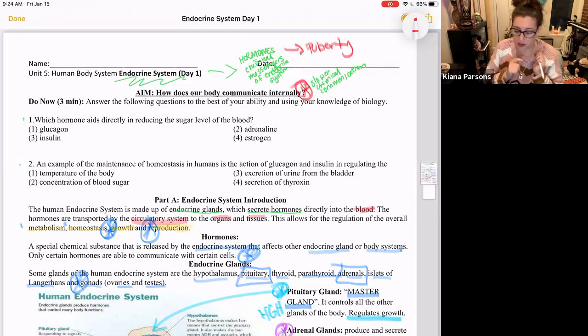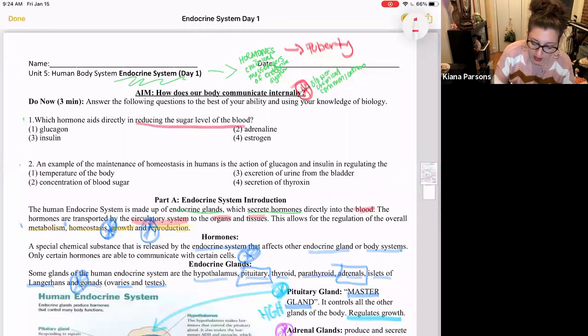Now, let's revisit the do now. Which hormone aids directly in reducing the sugar level of the blood? Well, hopefully you guys remember that insulin lowers blood sugar, right? Insulin lowers blood sugar.